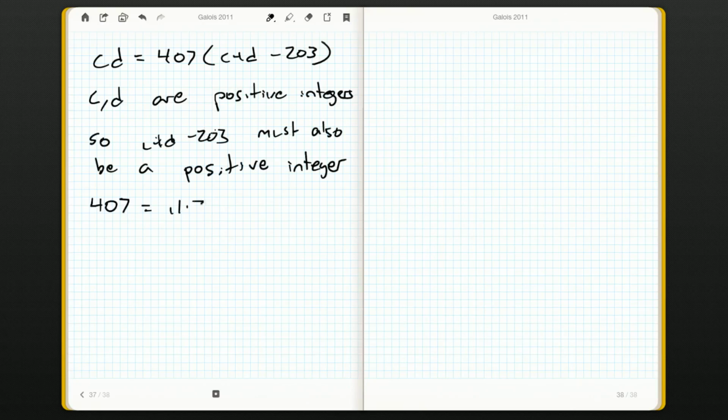Now, 407 is 11 times 37. We worked that out a little while ago. So 11 divides CD. Well, actually, no. The point is 407 divides CD.